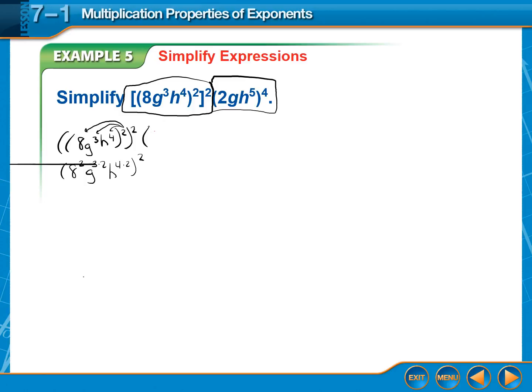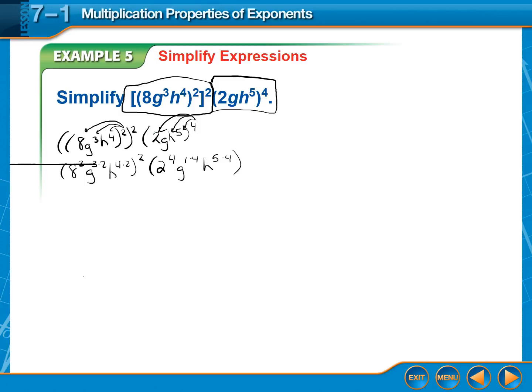Then the second part over here was 2gh to the fifth raised to the fourth power. We can do the same thing here. Share this with each part of the product. So it becomes 2 to the fourth. G, remember, has a power of 1, so it's 1 times 4. H has a power of 5, so we're doing 5 times 4.